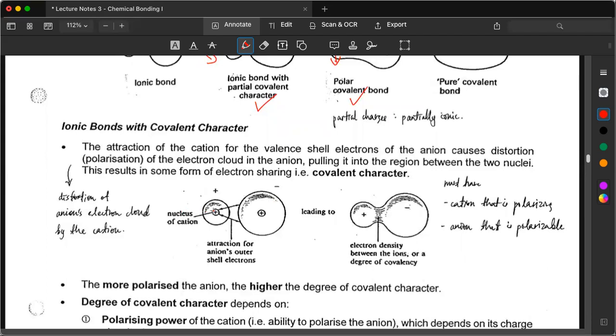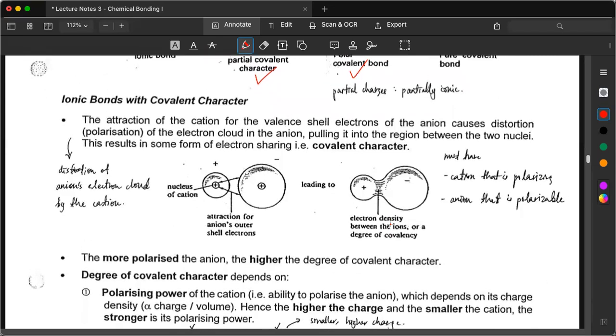Instead of a pure ionic bond, there will be some form of sharing electrons, which means there's some covalent character. For example, this cation is pulling the valence electrons in the anion to itself. So there's some attraction towards the cation, and hence electron density is between the ions. So there's some degree of covalency.